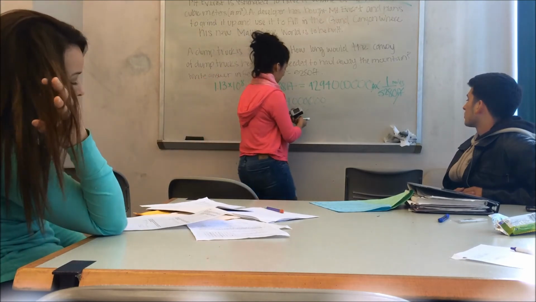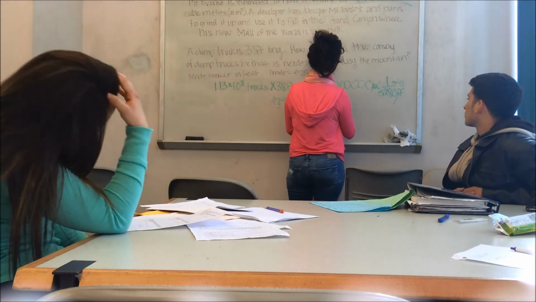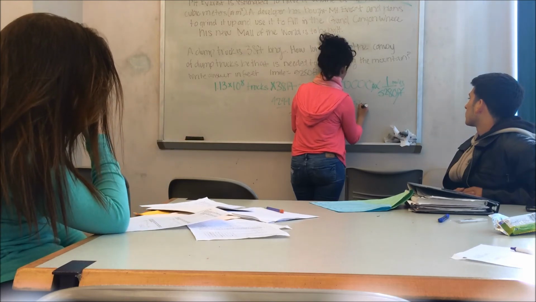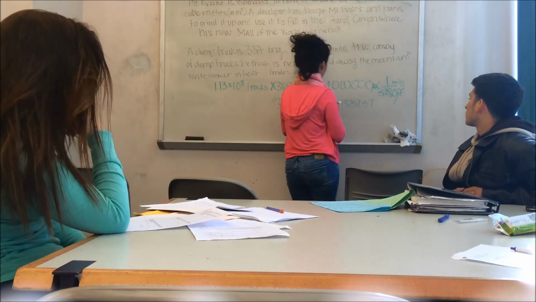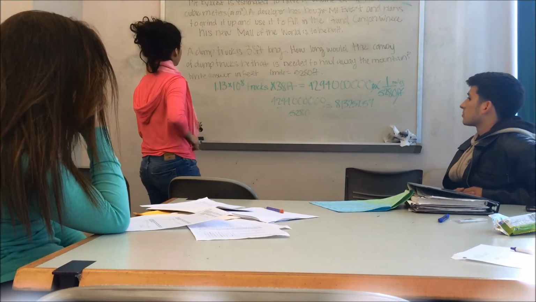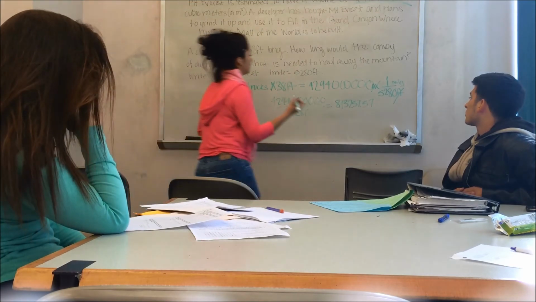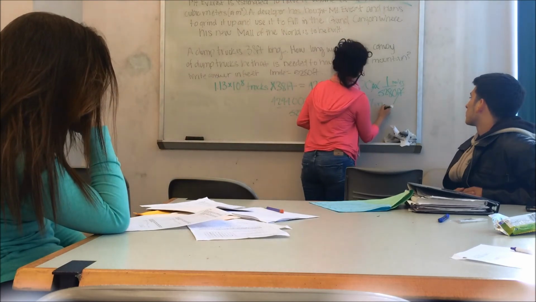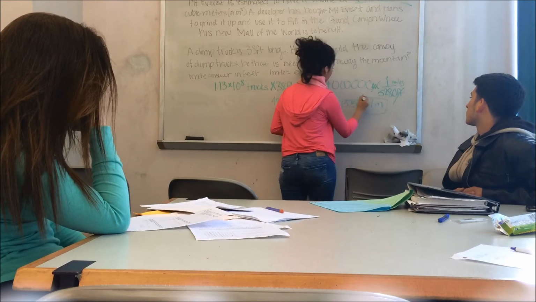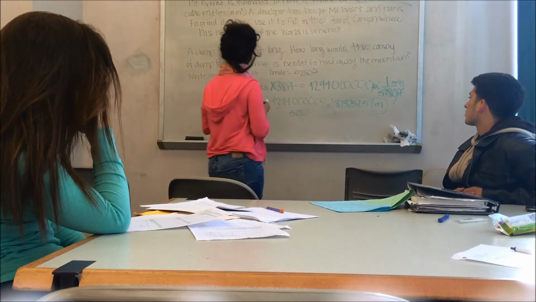I would get 813,257.57. That's how long the dump trucks would have to be, in miles, to haul away the whole mountain. So this would be your answer for that section.